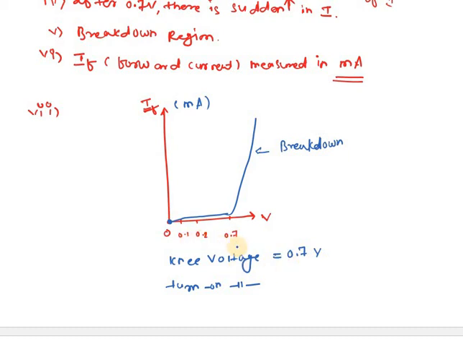Knee voltage in forward bias has a typical value 0.7 volt. Knee voltage is also called as what? Turn on voltage. Why? Because it is turning on the conducting properties after 0.7. So accordingly it is called as knee voltage or turn on voltage also.